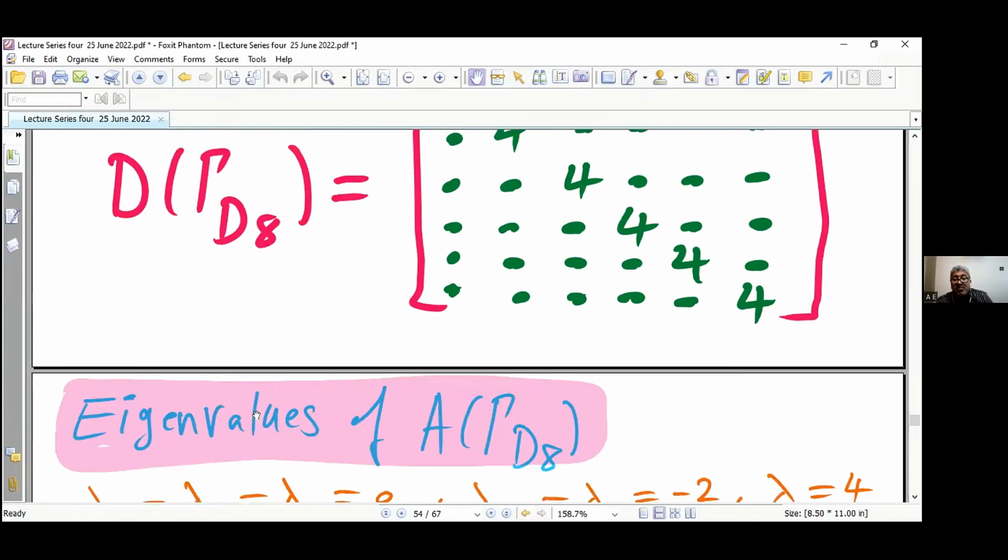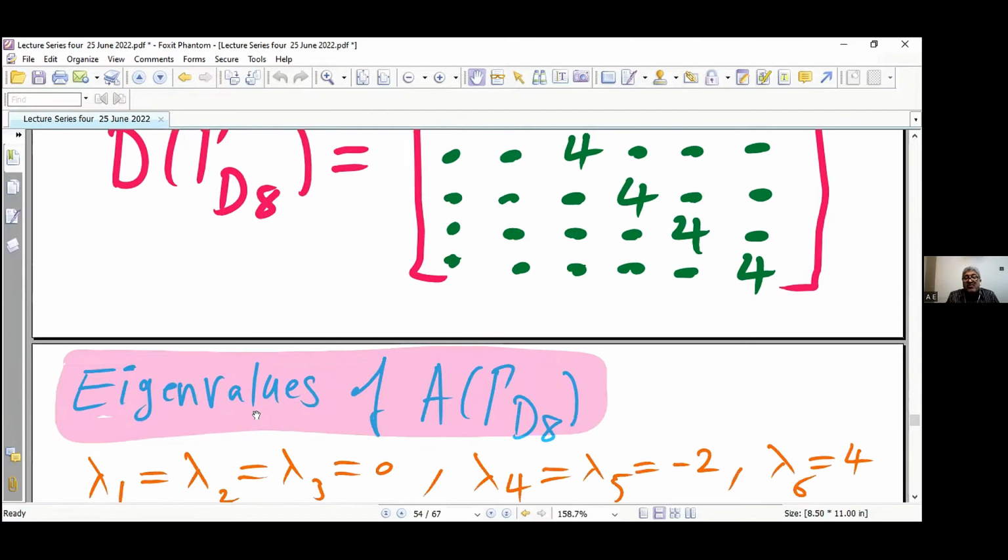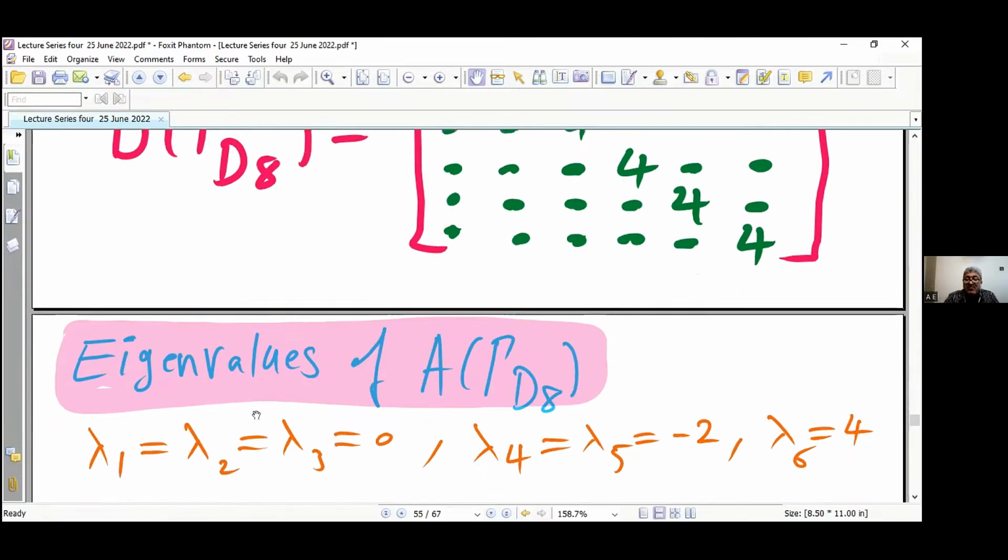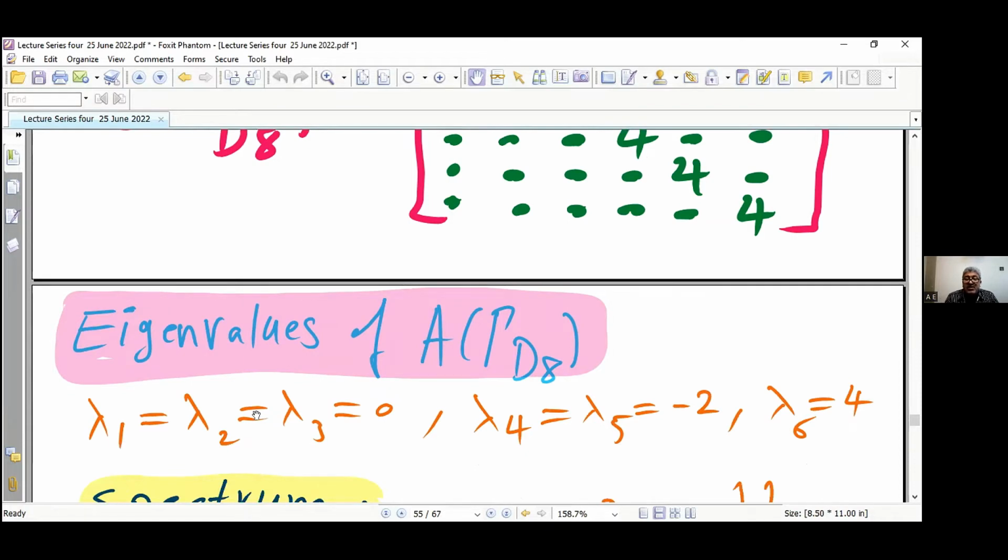Now, how about the eigenvalues of the adjacency matrix? If we compute the eigenvalues for the adjacency matrix of the non-commuting graph of the dihedral group of order 8, we have 3 zero eigenvalues.